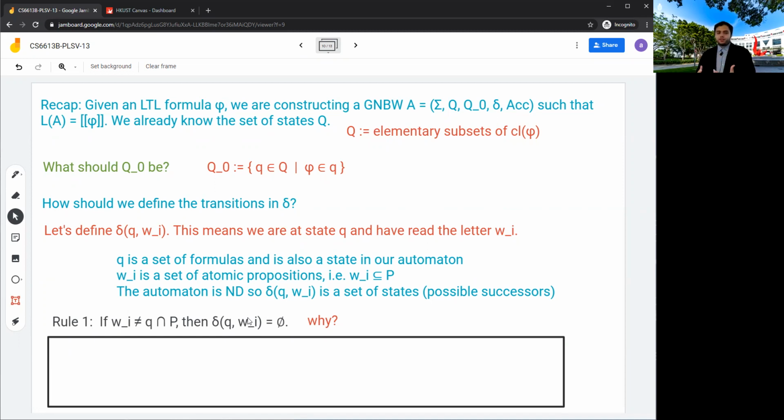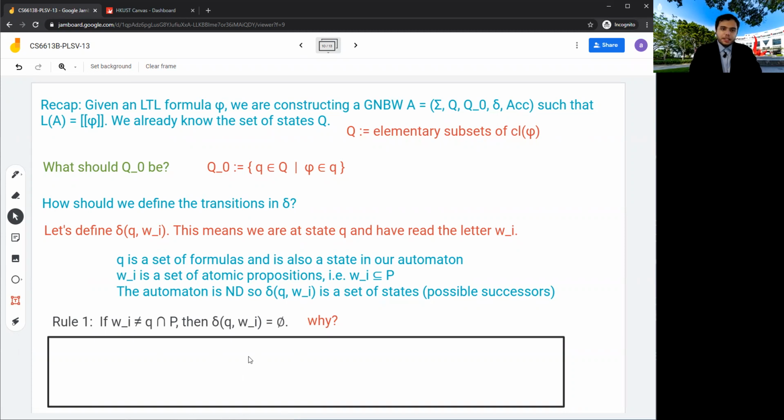So the first letter of my string should exactly be the set of atomic propositions that are in the formulas of the current state. And if it's not equal, then I just reject. Does that make sense to everyone? Any questions? Okay. So that's the first rule.